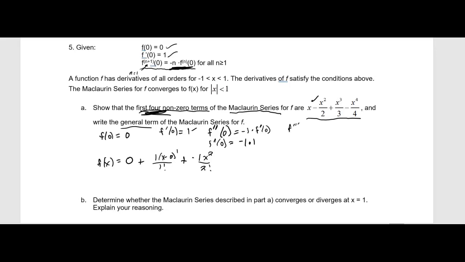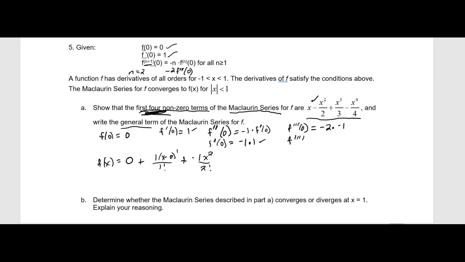We now want our third derivative at 0. So if I now want 3 tick marks, come back up to the formula that we are supposed to use. In order to make this a third derivative, our n would have to be a 2. So on the other side, you would have a -2, and then we would want f double prime of 0. So for our third derivative, we would have the -2 multiplied by, again over here, the second derivative value at 0, which we just said was a -1.